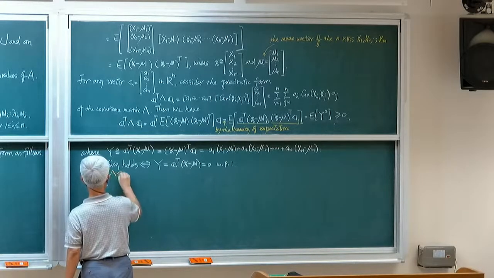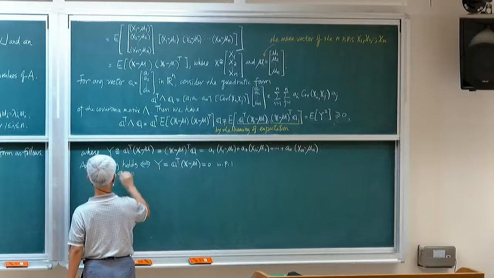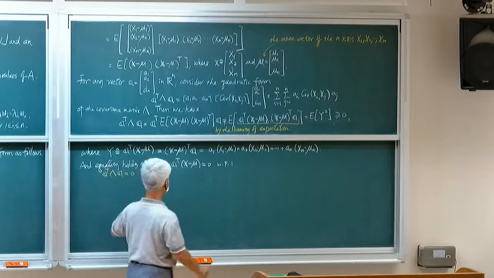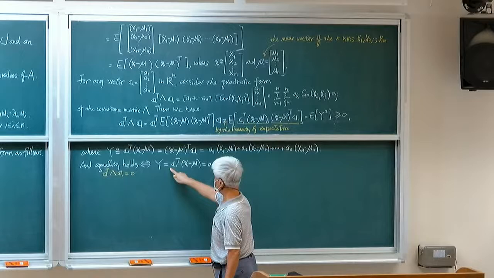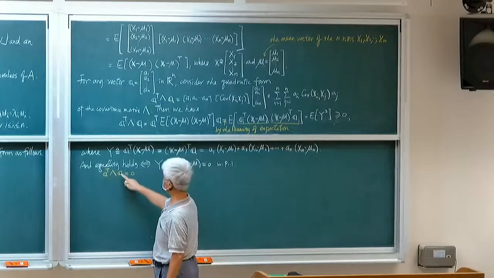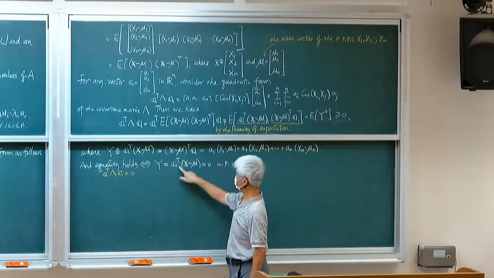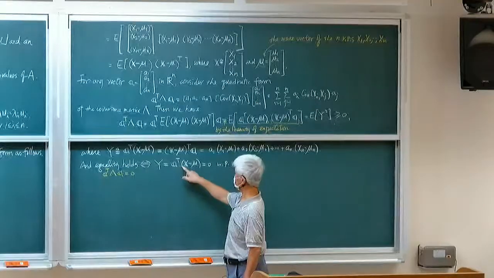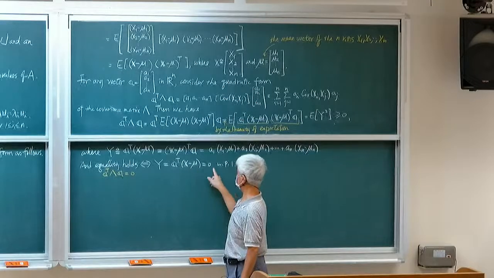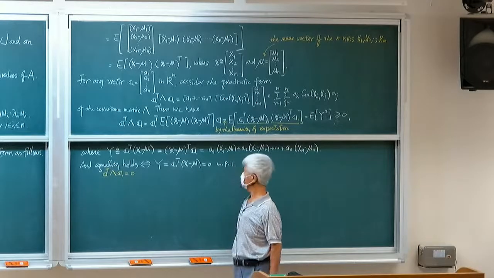the quadratic form is equal to 0. Okay, if and only if this constant vector a inner product with this random vector is 0 with probability 1.